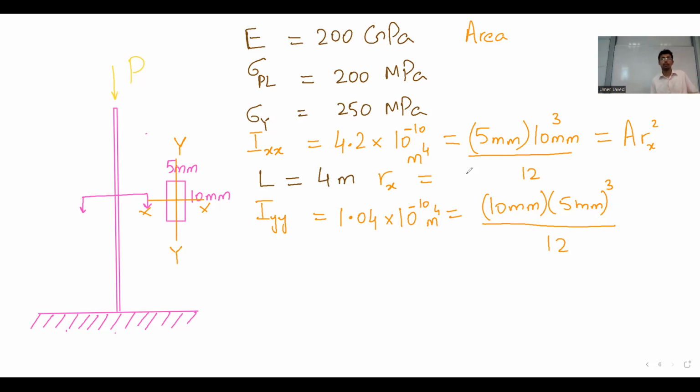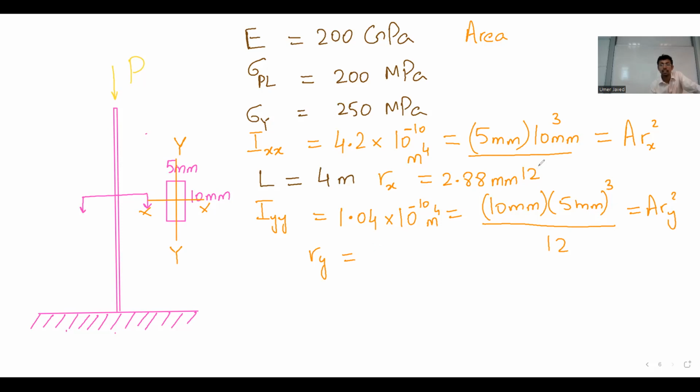Oh, 2.88, sorry, 2.88. And similarly, IYY is A Ry square. This is millimeter, right? Yes. And then Ry in millimeter is 1.4.